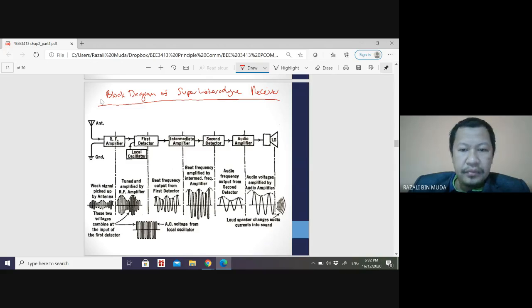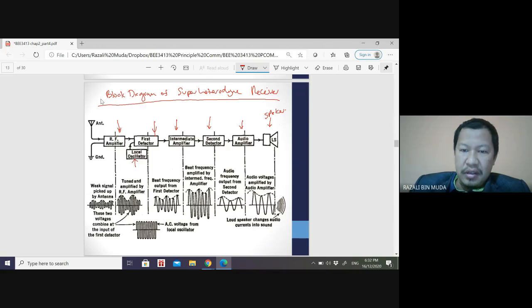Okay, so what do you have? You have the RF amplifier, detector, local oscillator, intermediate amplifier, second detector, audio amplifier, and lastly the speaker.